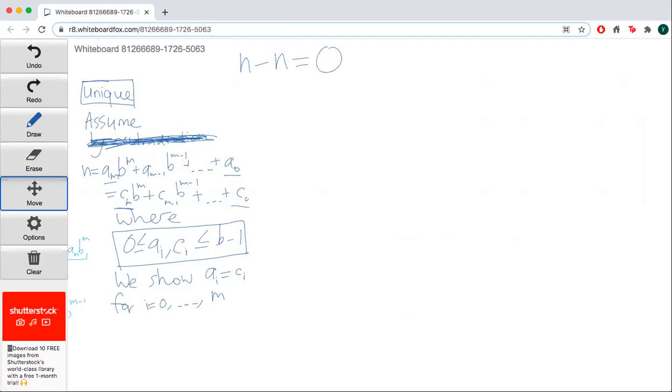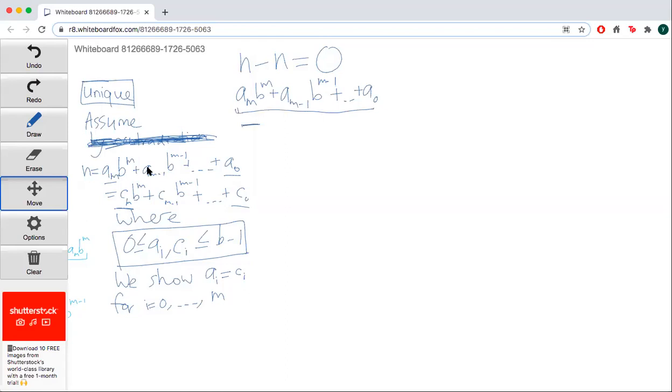I'm going to use this nice opportunity to put both of my different digit representations in one place. So I'm going to subtract the first way of expressing n. So a_m b to the m plus a_(m-1) b to the m minus 1 plus dot dot dot plus a0. Cool. And then I'm going to subtract another copy of n.